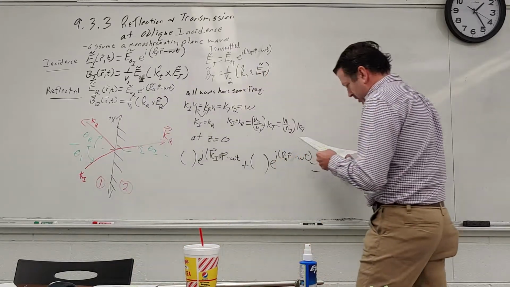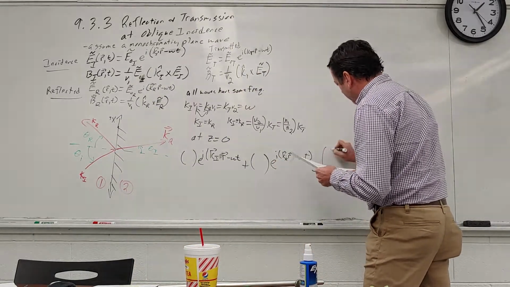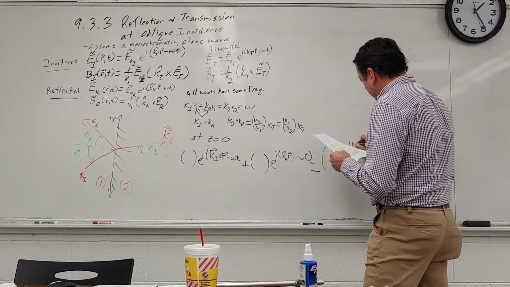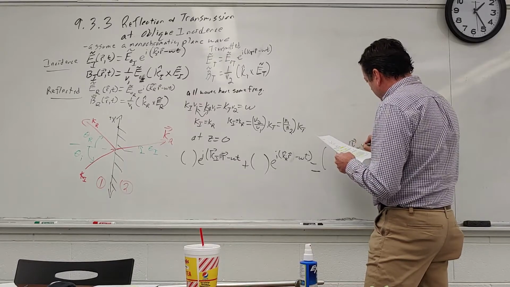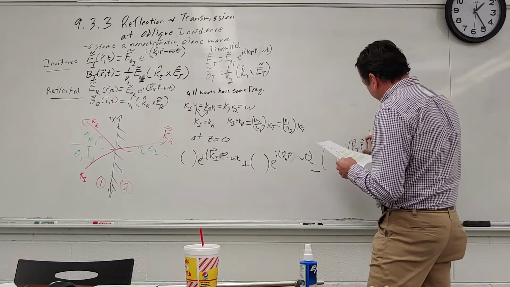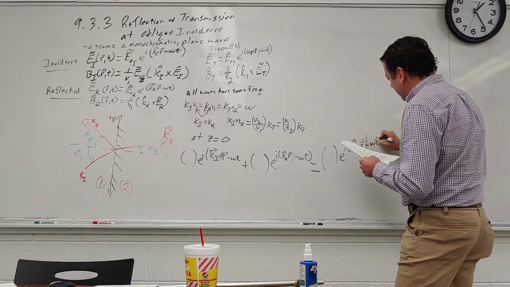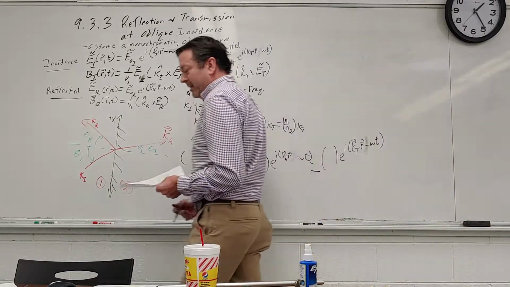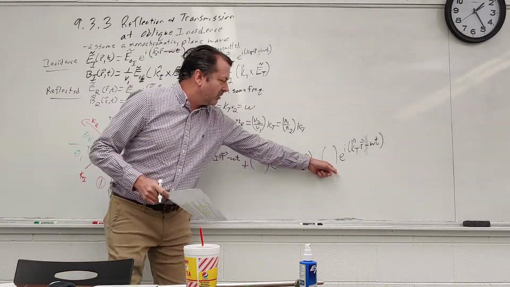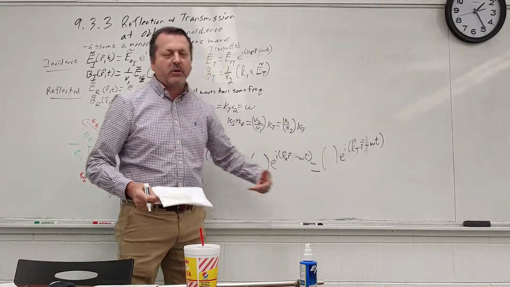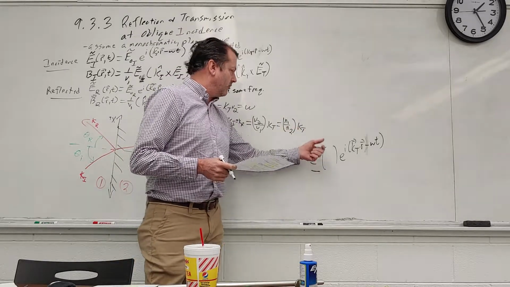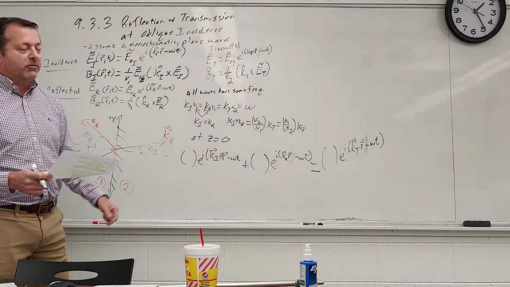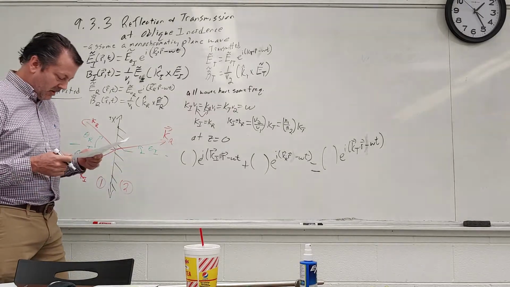And that would equal here E I. Did it again. Minus omega t. And of course, at z equals 0. It's going to look something like that, where what's in parentheses would be the magnetic field amplitude for transmitted, reflected, or incident, or electric field amplitude, transmitted, reflected, or incident.